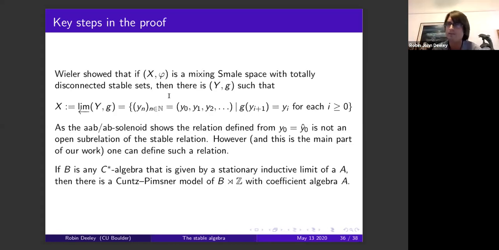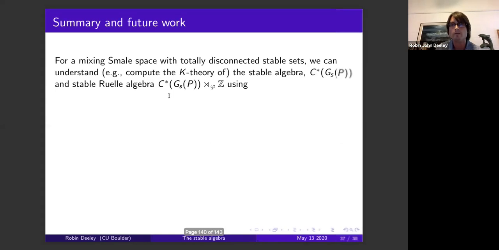I think you might need injectivity of the stationary inductive limit, but we have that here. This is a general fact that I think people probably know, but maybe it hasn't ever been written down. So if someone has a reference for that, I would certainly appreciate it. So that's a quick summary of what happened in that theorem.